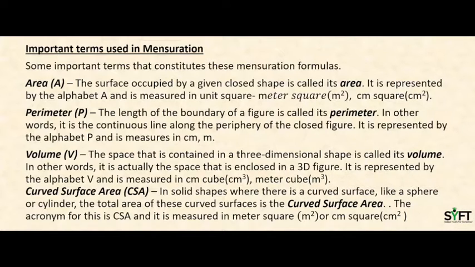In solid shapes where there is a curved surface, like a sphere or cylinder, the total area of these curved surfaces is the curved surface area. The acronym for this is CSA and it is measured in meter square or centimeter square. And all the mensuration formulas are constituted by all these terms only.